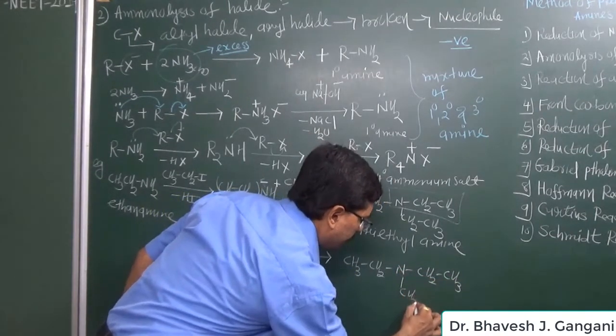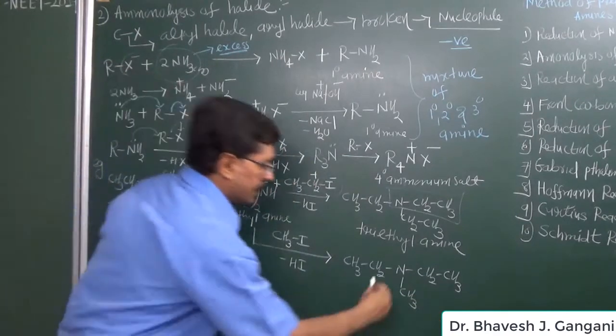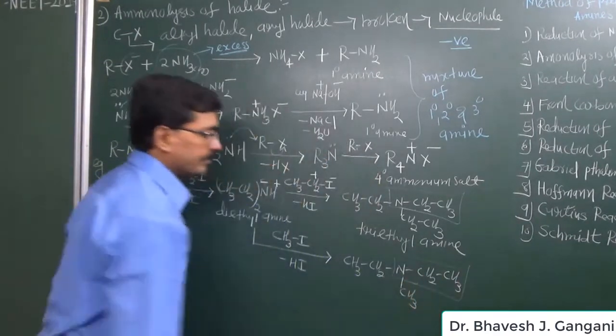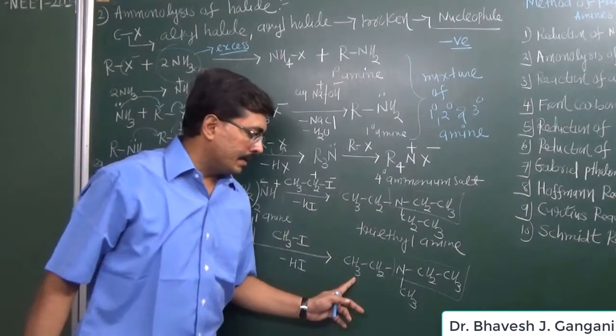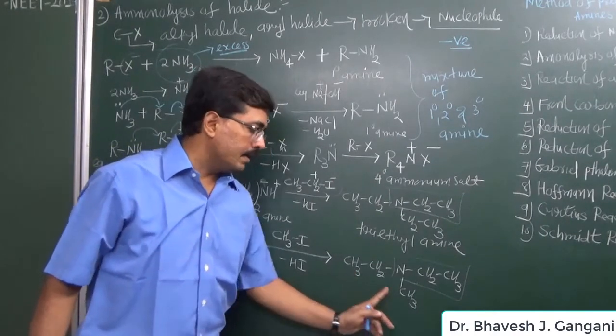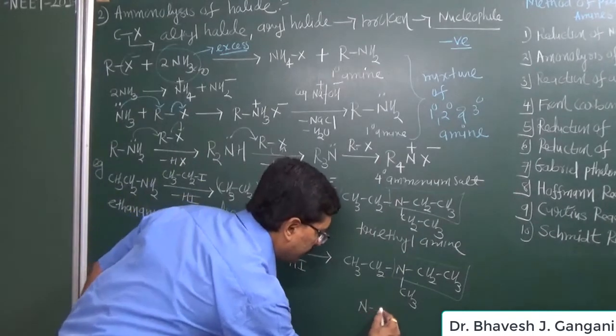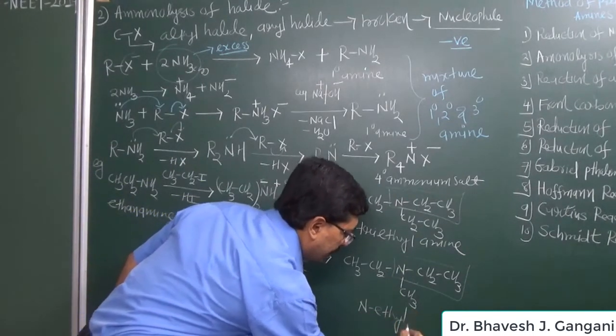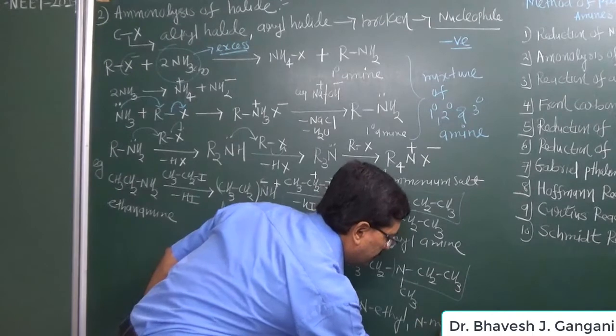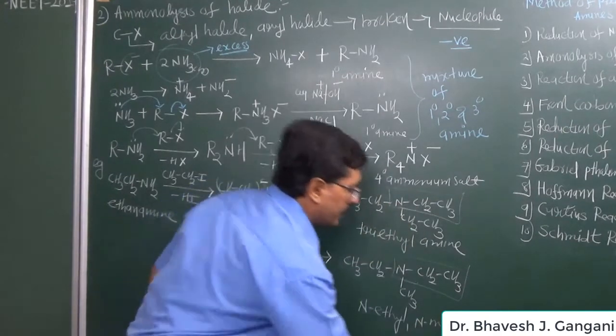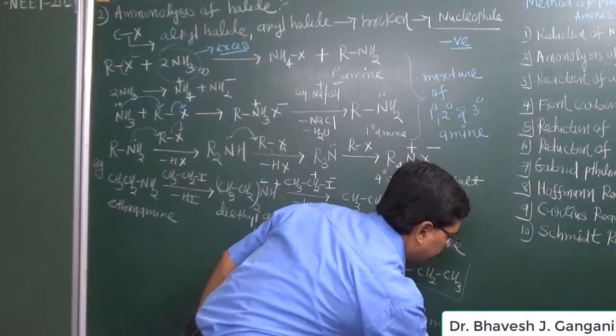The product obtained, we can give the IUPAC name N-ethyl-N-methyl ethanamine. This is N-ethyl, then N-methyl, and the remaining part is ethanamine.